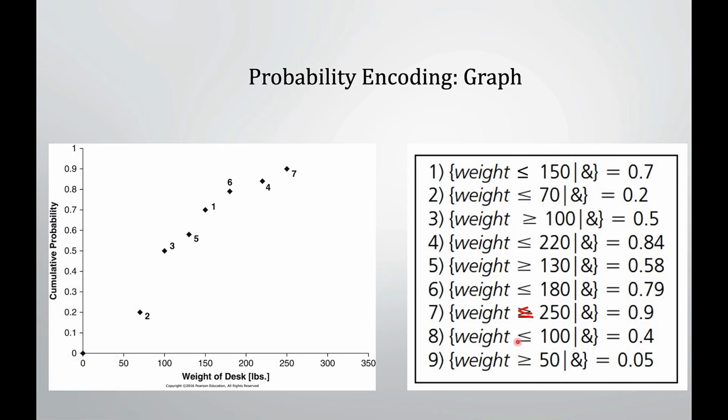And then number 8, number 9, you got it. Okay. So now you have represented your 9 beliefs with different points on this graph.